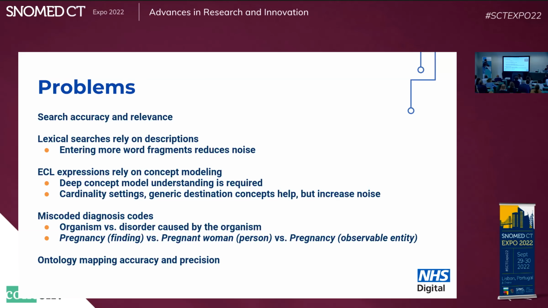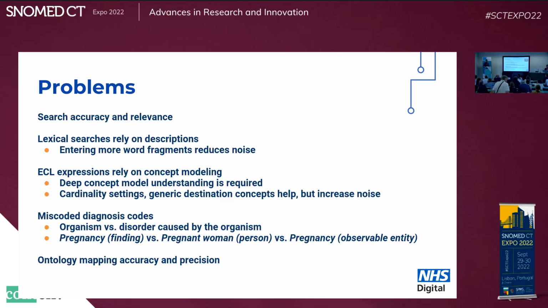While lexical searches rely on descriptions and how they are entered when they are authored, entering more word fragments can reduce the noise of the search results, but can introduce other problems, like you don't get back the things you'd like to see. In ECL, in order to produce results, you have to understand the concept model. You have to understand how it was developed by SNOMED International, how it is going to be maintained over the years. And there are various problems, like historical associations should be included and stuff like that.